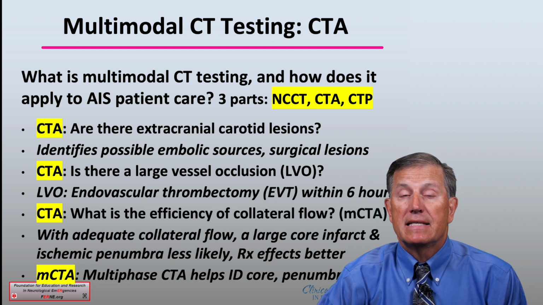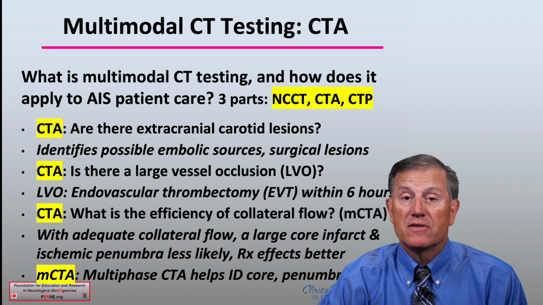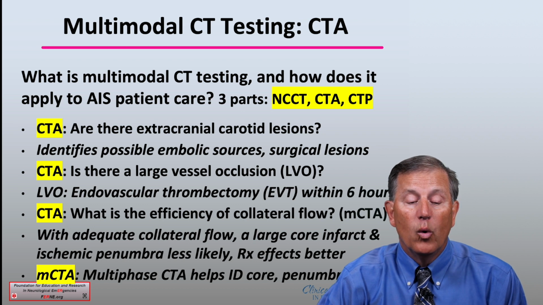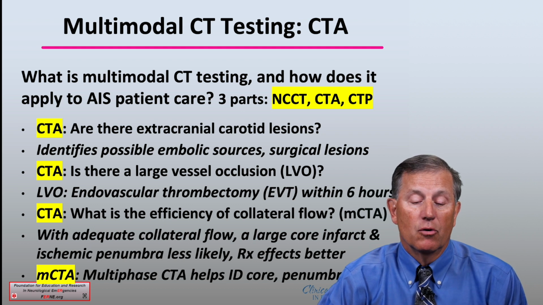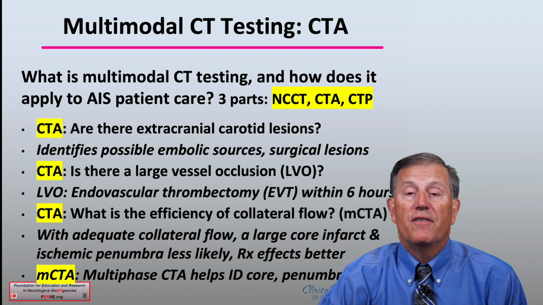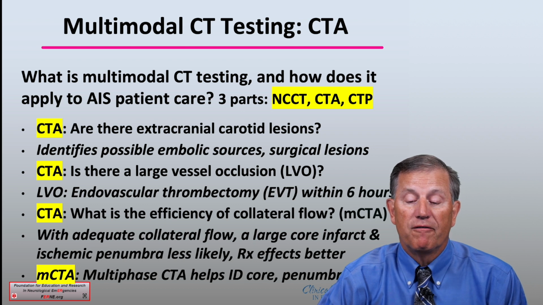Next, we ask on CTA, is there a large vessel occlusion? We know that with large vessel occlusions, patients benefit from endovascular thrombectomy or EVT within 6 hours. And with CTA, we can also look at the efficiency of collateral flow.